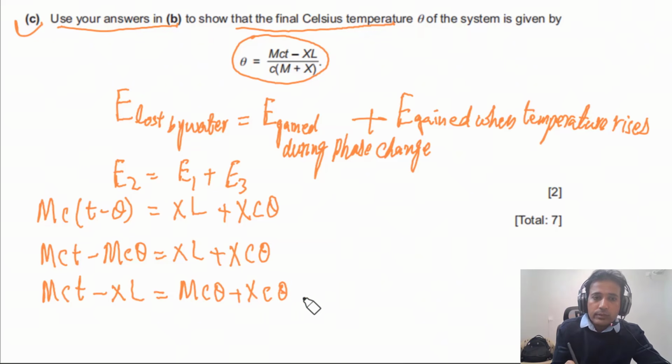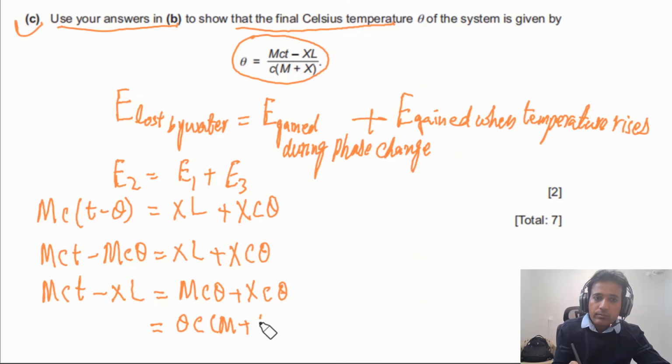Now here we can take theta common, so we can take theta out. So what is left inside? We have MC, but we can also take C out because C is also common. So what is left inside?